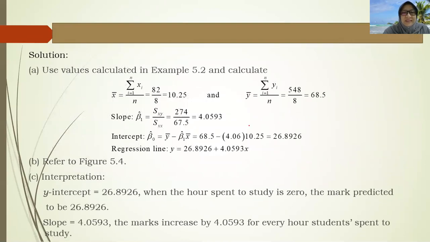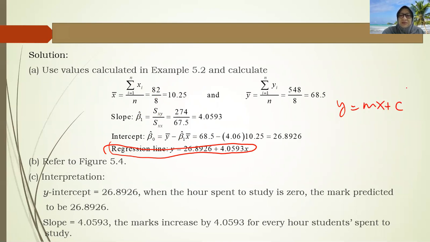So this is how we do it. How do we find the regression equation? It is a bit different from what you learned in algebra, when you find y equals mx plus c.